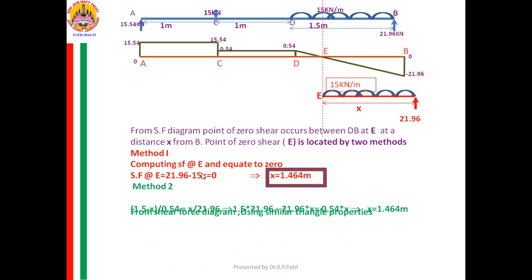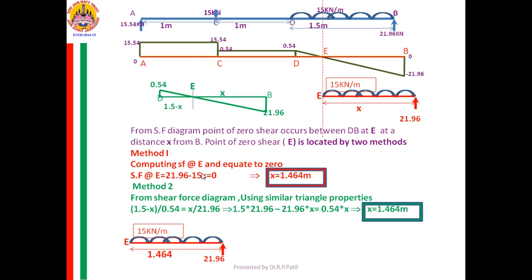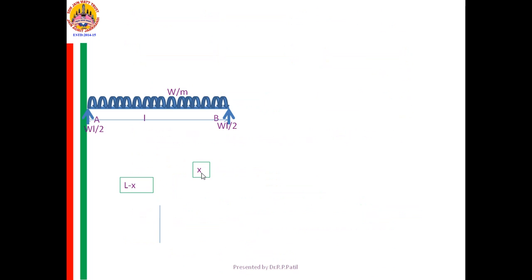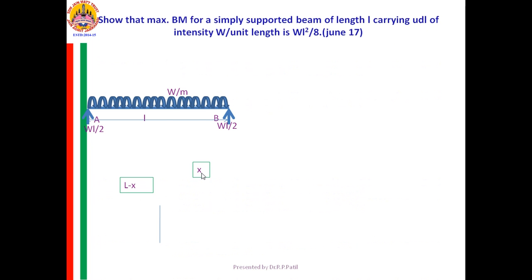As this happens to be the first problem, I took almost more than 2 hours for this particular problem. But that should not be the case for the other problems. Just see here. Prove or show that the maximum BM for a simply supported beam of length L carrying UDL of intensity W per unit run is WL square by 8.